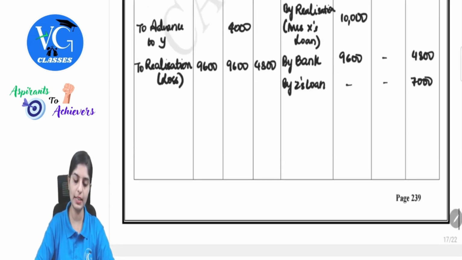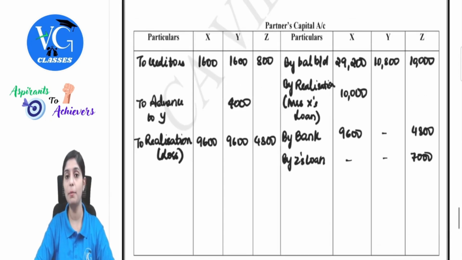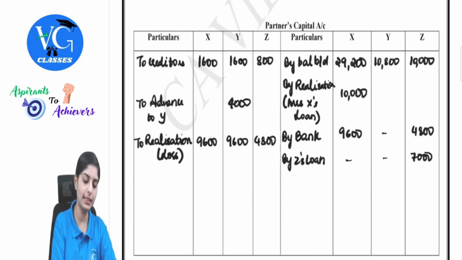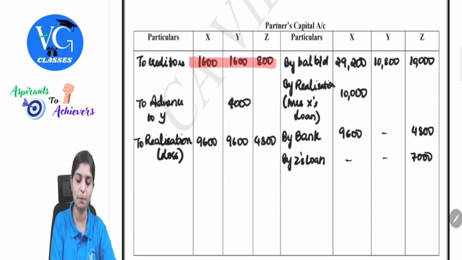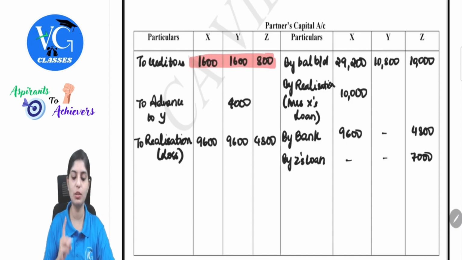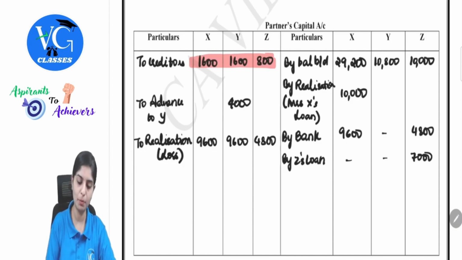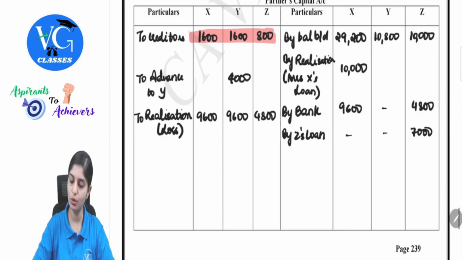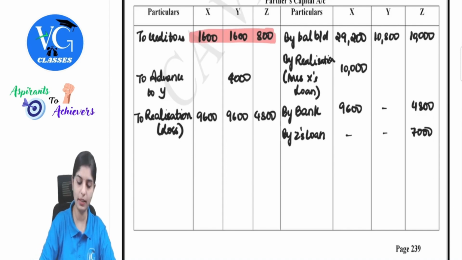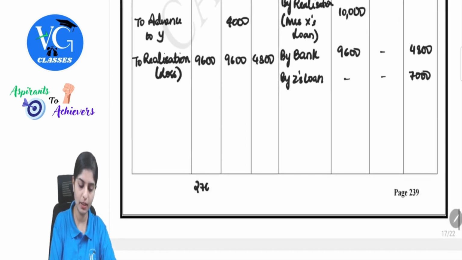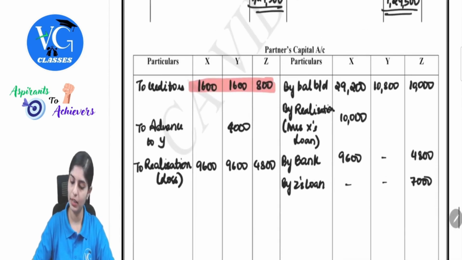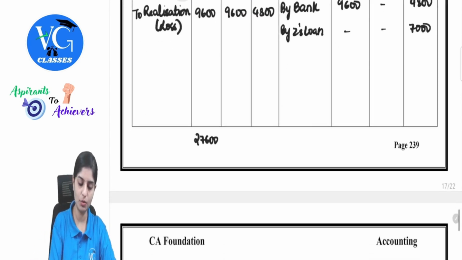In this question, there is fluctuating capital. Remember carefully, when we are taking the capital balances, we have to not consider any dissolution impact. But in this question, there was one adjustment with respect to the rectification done. So this will be impacted. This should be carefully considered. So 29,200 minus 1,600, 27,600 will be for X. 10,000 minus 800, 9,200.